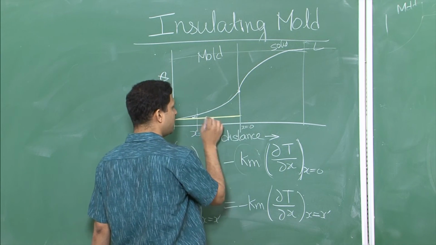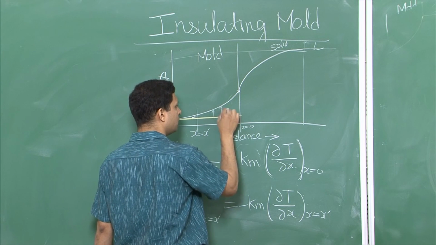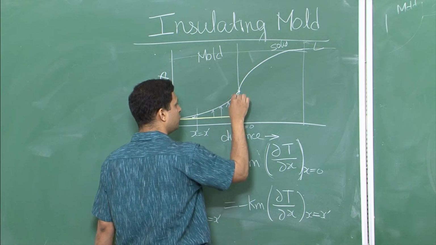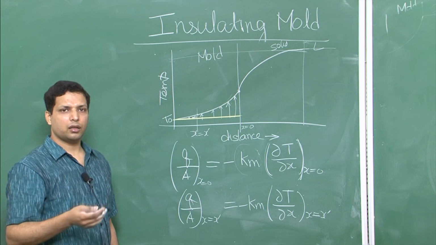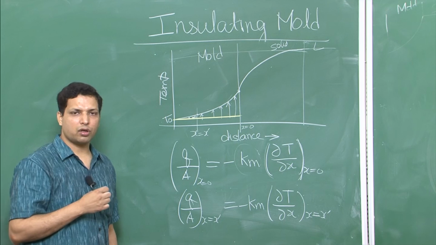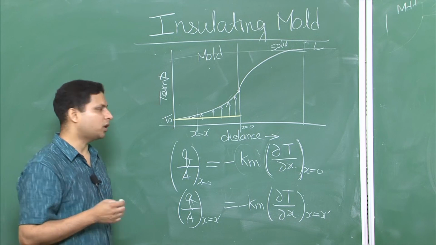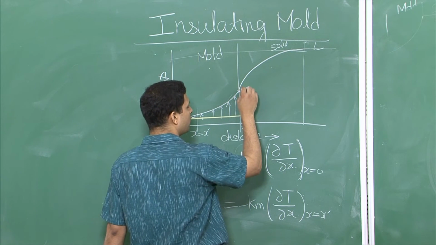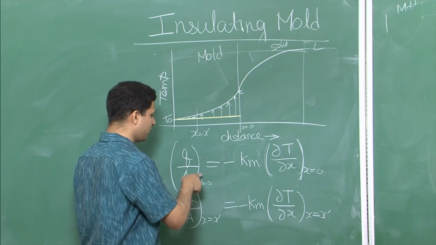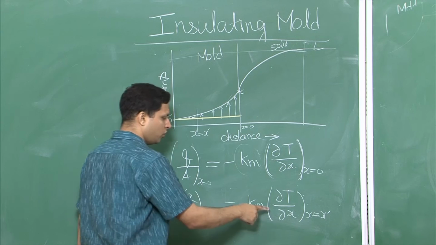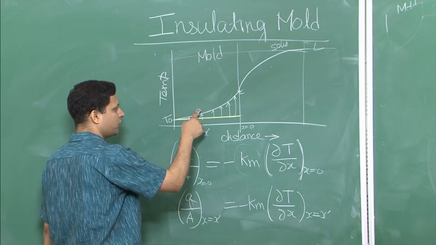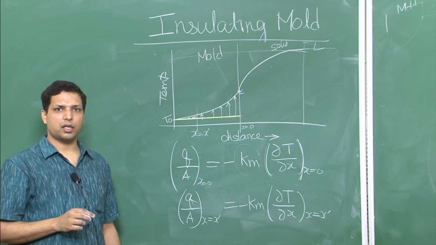Initially it was a flat line, now it has gone up to this. This increase represents that some amount of heat has been absorbed by the mold, and that is why the total amount of heat that goes into this point, Q over A at x equal to 0, is larger in magnitude than Q over A at x equal to x prime, which is smaller.